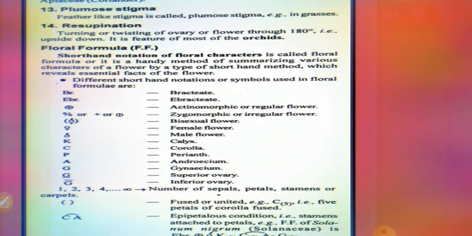The shorthand notation of the floral characters is known as the floral formula. When we study any part or section, we come to its formula. That's why we denote or represent the whole thing as a single formula.